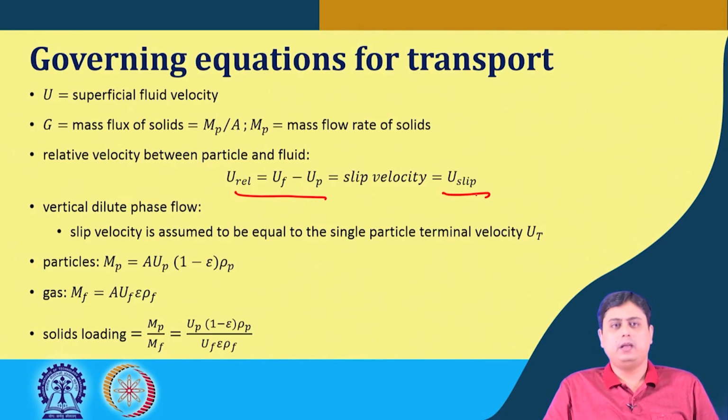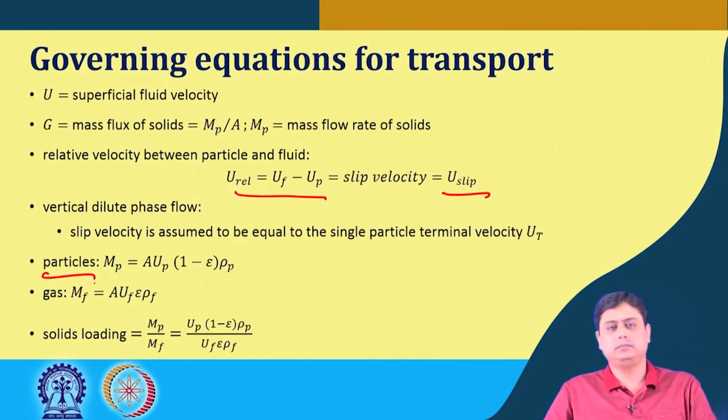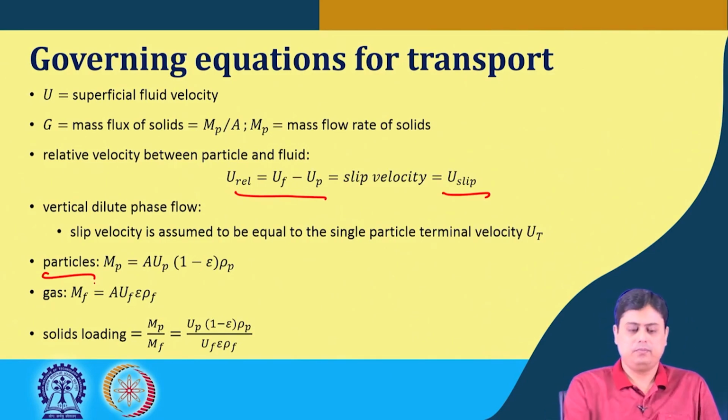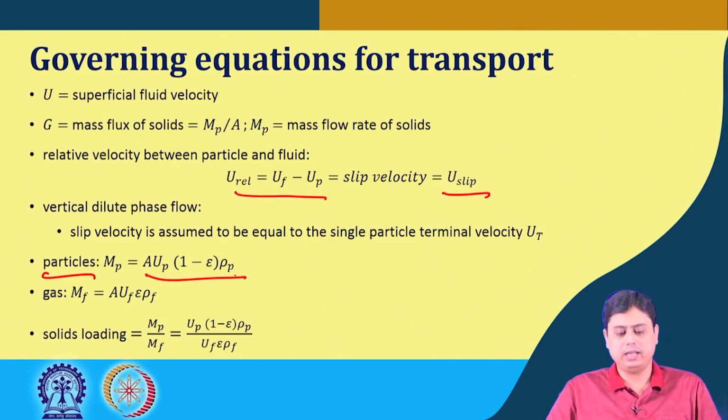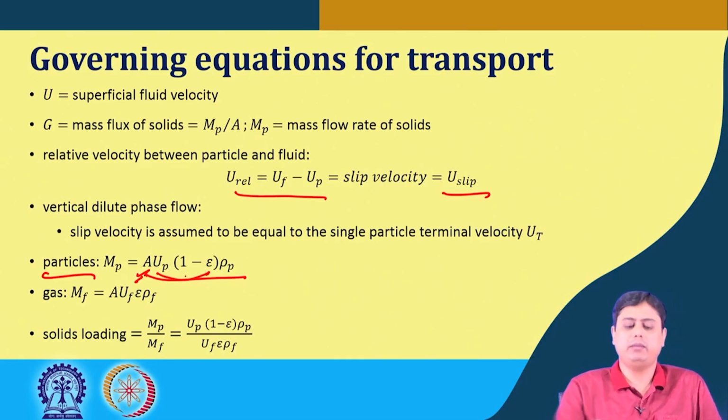Now if we write the continuity equations, for particles the mass flow rate of the solids is the cross sectional area, its available flow area, multiplied by the actual velocity multiplied by its density, or you can think of it as the cross sectional area multiplied by the superficial velocity multiplied by the density.